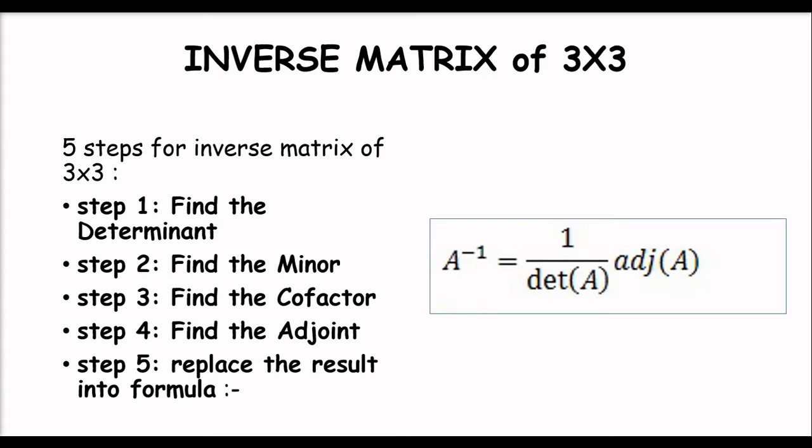The third one, you need to find the cofactor. The fourth one, you also need to find the adjoint. And lastly, step 5, you need to replace the result into the formula. What is the formula of the inverse matrix of 3 by 3? A inverse equals 1 over determinant A, times adjoint A. So I will show you an example.